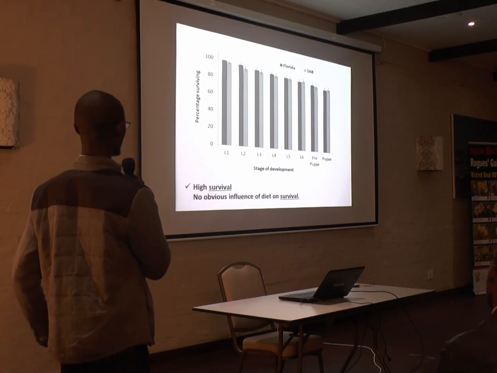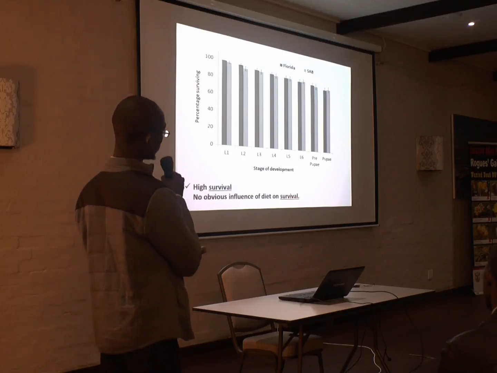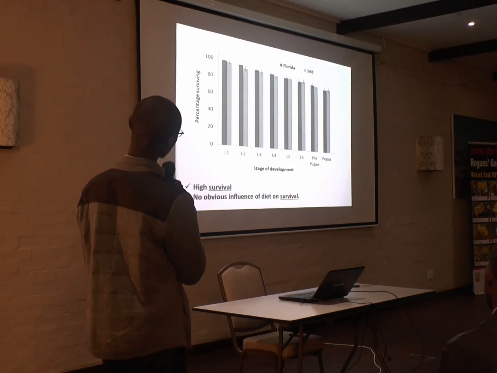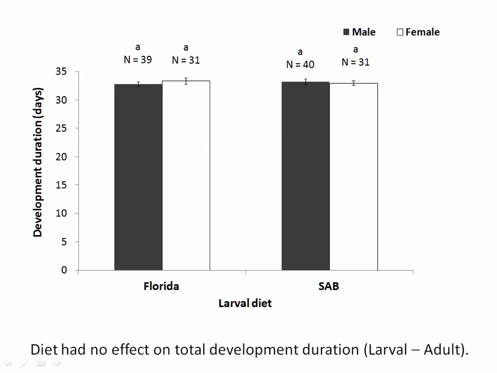This implies there is no obvious influence of diet on survival of the insect. We also observed that diet had no effect on total development duration. It is instructive to note here that male and female development time did not differ.